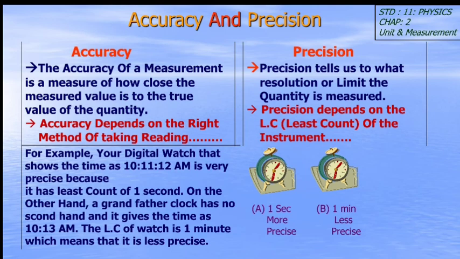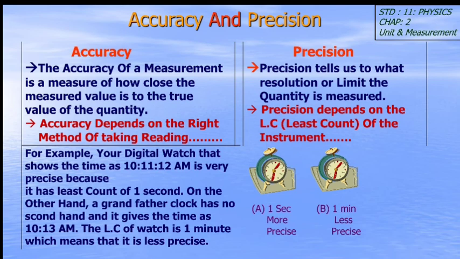Accuracy depends on the right method of taking a reading. Whatever quantity we take and measure, how close we are to its true value, using the instrument, is known as accuracy.